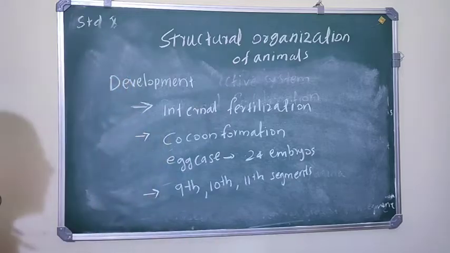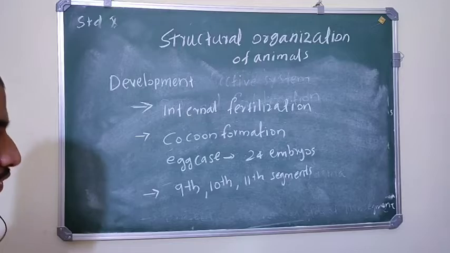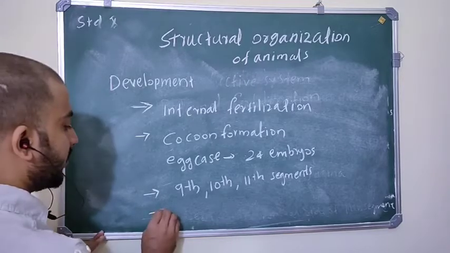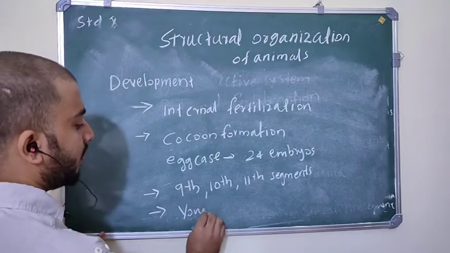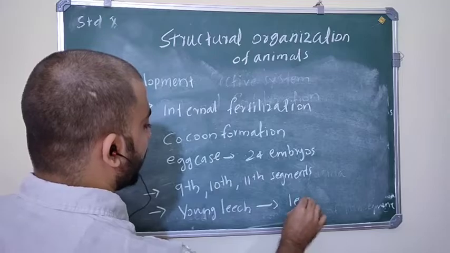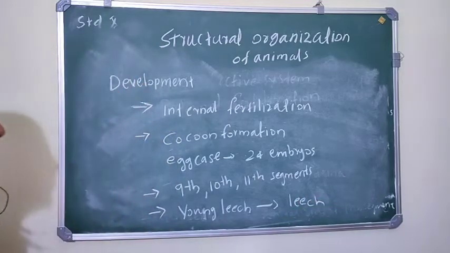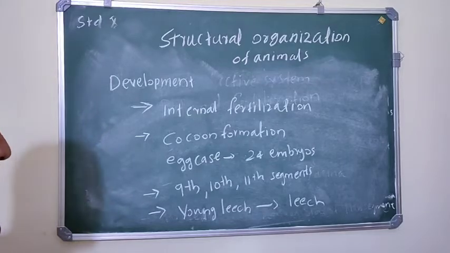So these are about development in leech. After some time, what happens? After cocoon formation, the young leech emerges and forms into a mature leech. So these are about development in leech.